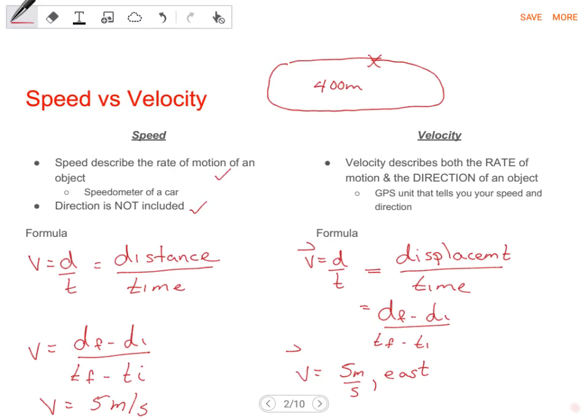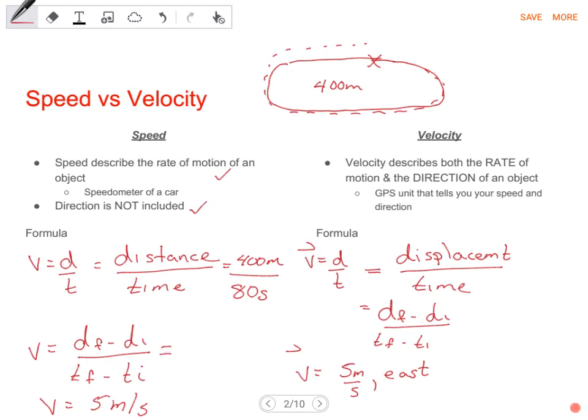If you ran around this track once, obviously your distance would be 400 meters. And let's pretend the time, I'm just making this up, I have no idea what a good time would be. Let's say you did this in, we'll say 80 seconds. Well, we can work it out from there.